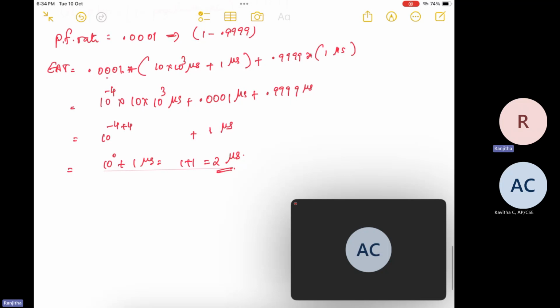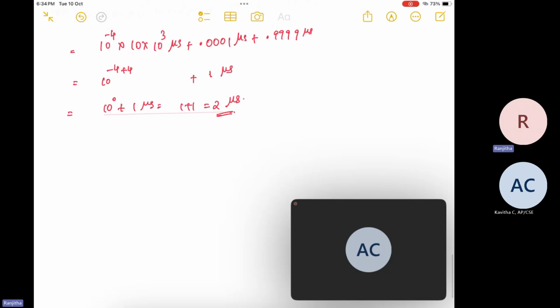So when a page fault occurs, we need to bring in the page from the secondary storage to the main memory. If there are no free frames available in the memory, then we have to remove, we have to replace one of the existing frames.